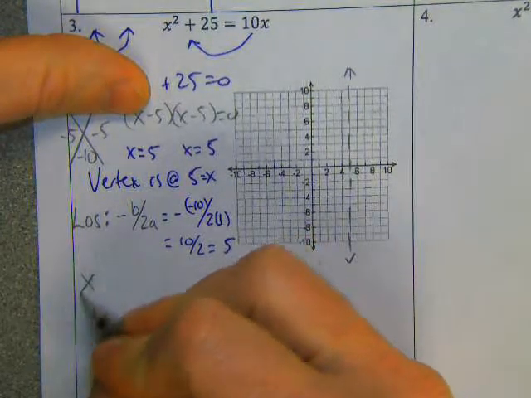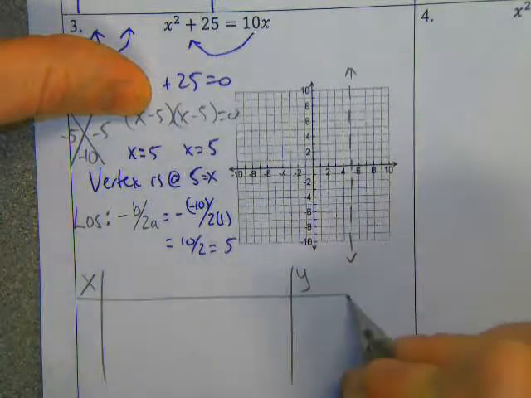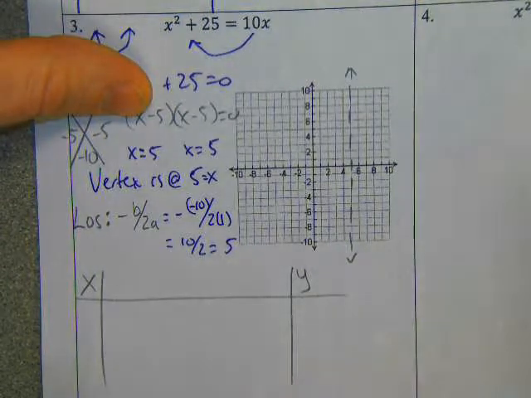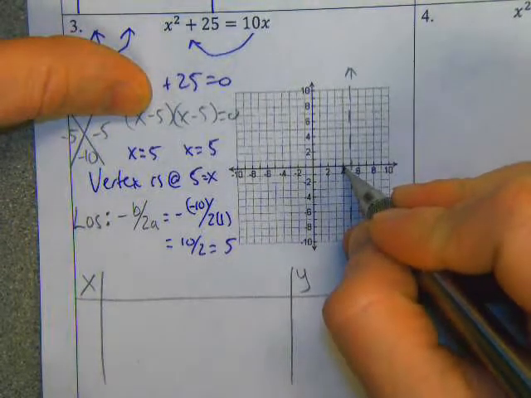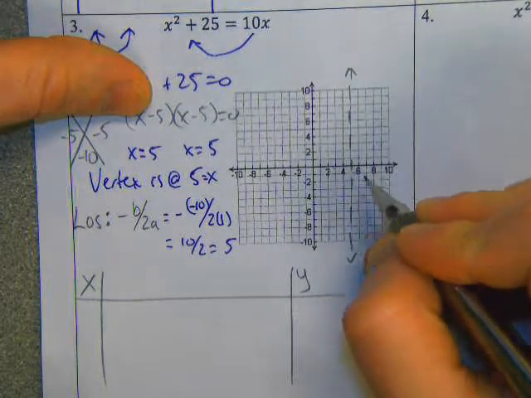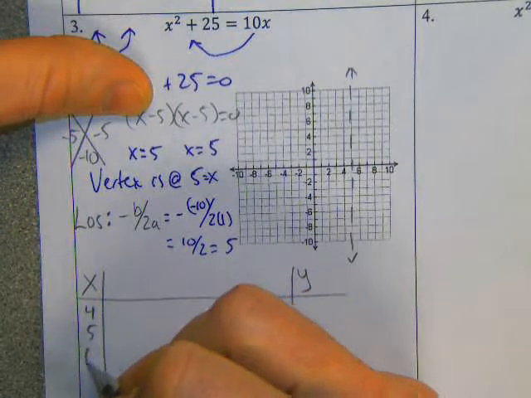So x, y, and what do I got? I'm going to roll with 4, 5, 6, and I did 3 and 7 as well. So 4.